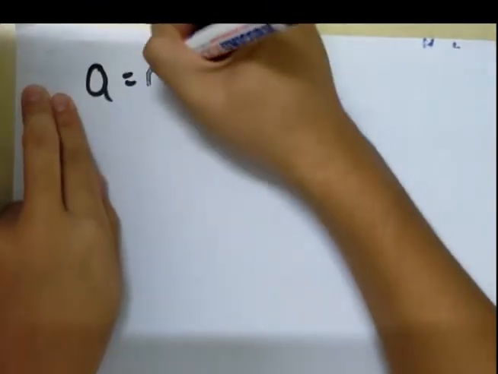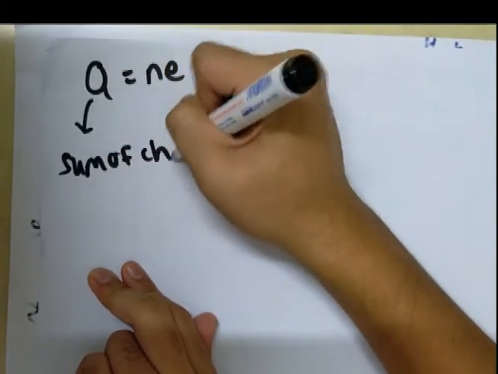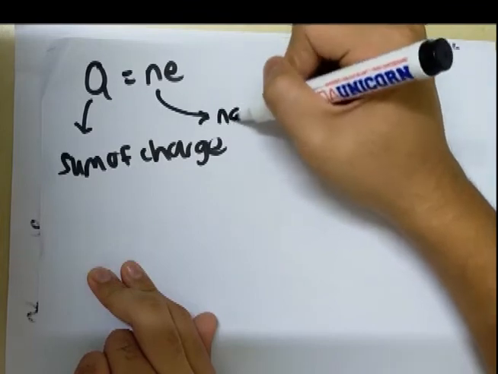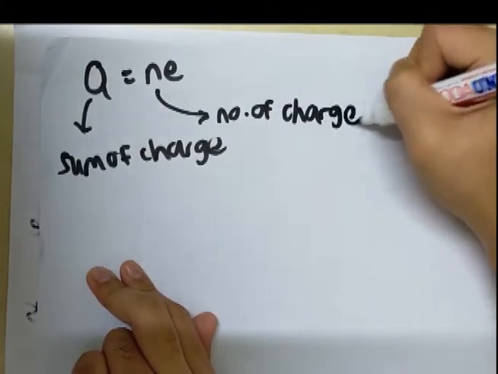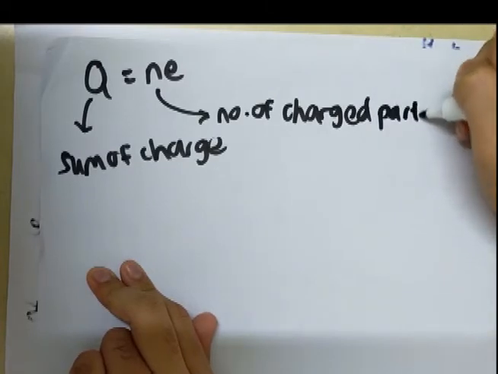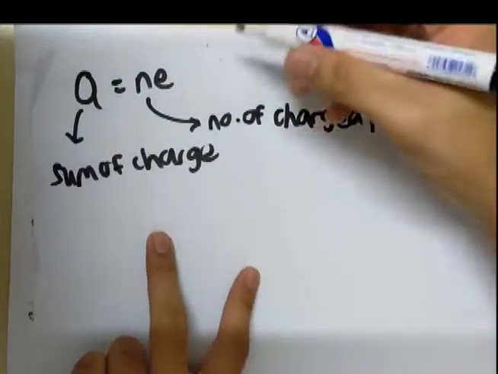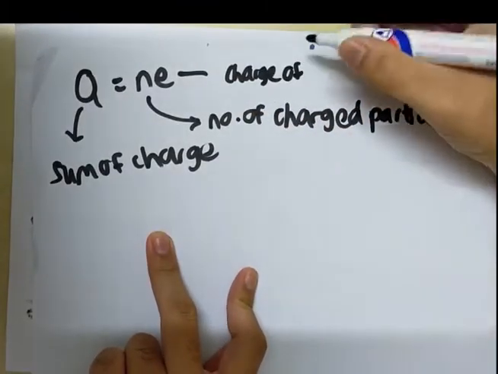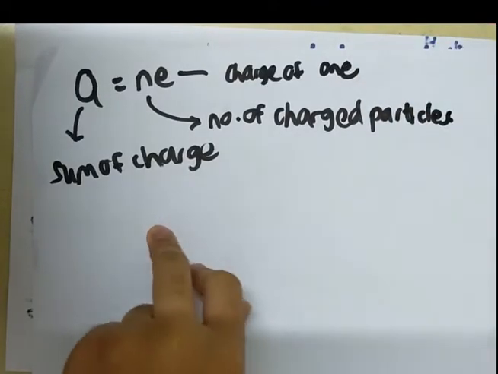Q equals NE. Q is the sum of charge, N is the number of charged particles, and E is the charge of one particle.